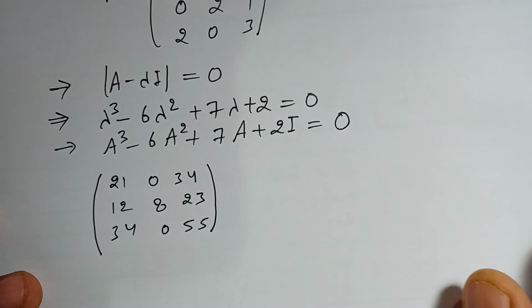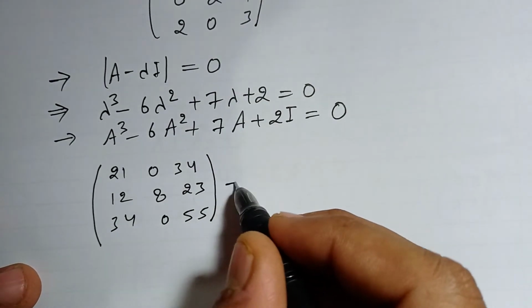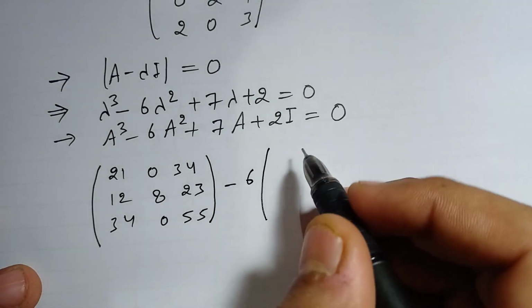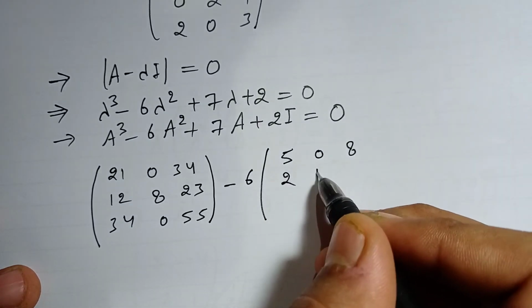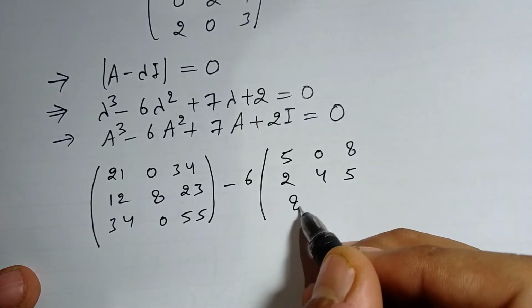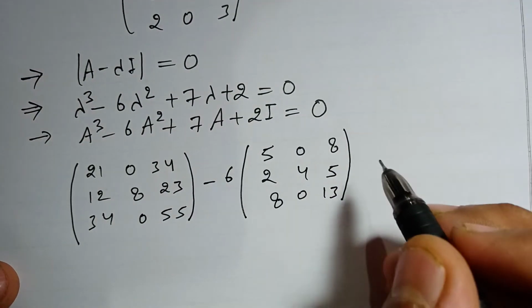So this is the A cube. You can find it out, A is the given matrix, so you have to multiply 2 times. Minus 6 into A square. A square is 5 0 8, 2 4 5, 8 0 13. This is A square, you can find it out.